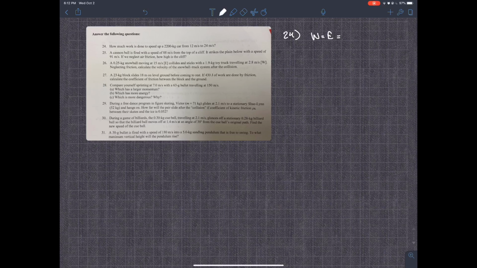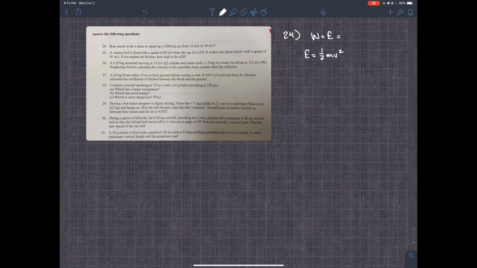We can consider kinetic energy in this equation, considering that they are going from a set speed to another speed with a given mass, right? So we know that energy can be expressed as half mv squared. This is the tool that we can use in our question.